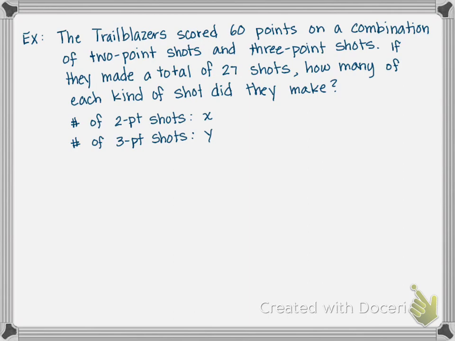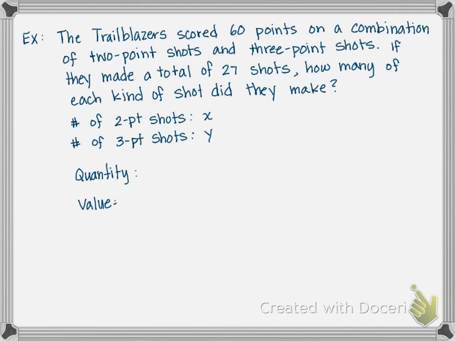So I usually think of the two different types of equations. One of my equations has to do with quantity, and one has to do with value. So quantity of baskets that they make, and then the value of those baskets in points in this case.